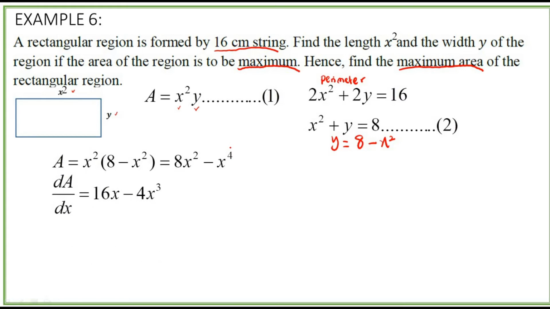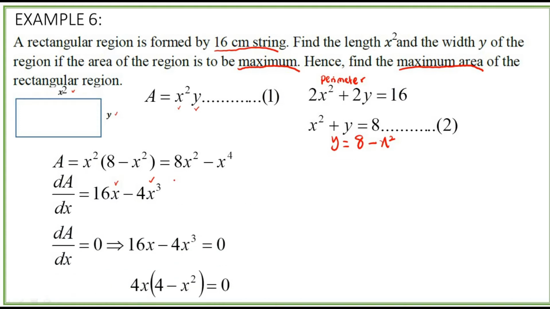After that, we can differentiate this. So, the derivative of A with respect to x would be dA over dx. Differentiate 8x squared, you will get 16x, and differentiate x to the power of 4, we will get 4x cubed. After that, in order to find the value of x, we have to equate this to 0.